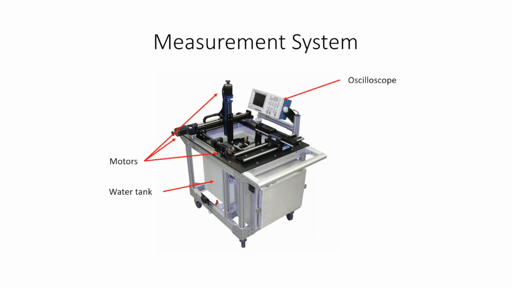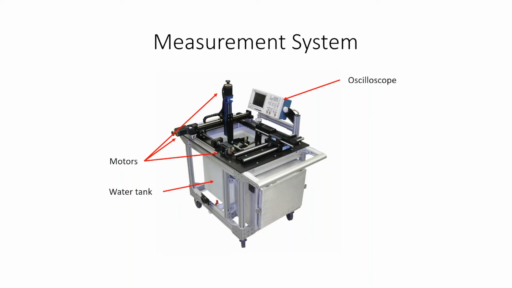Back to the measurement system. The measurement system consists of a tank of water and a three-dimensional or a three-axis stage for moving the hydrophone relative to the acoustic source or probe or vice versa, and an oscilloscope that serves as the digital acquisition device.